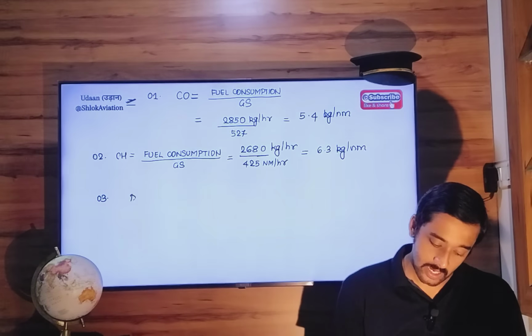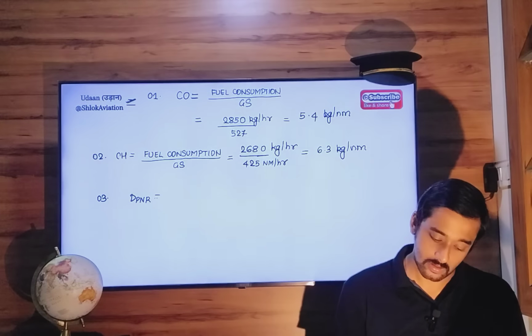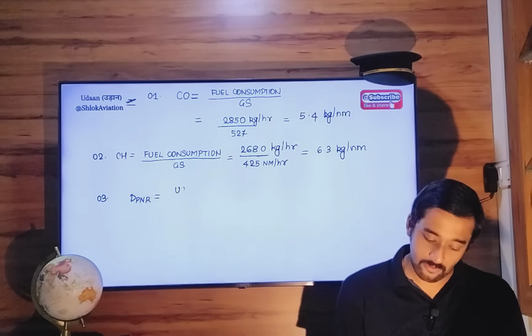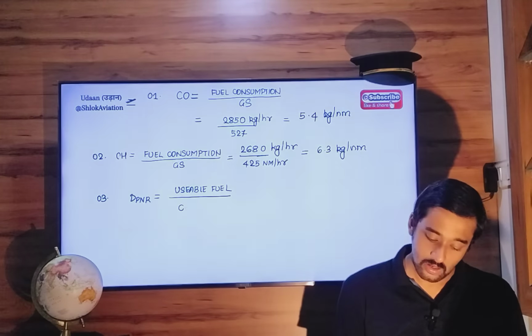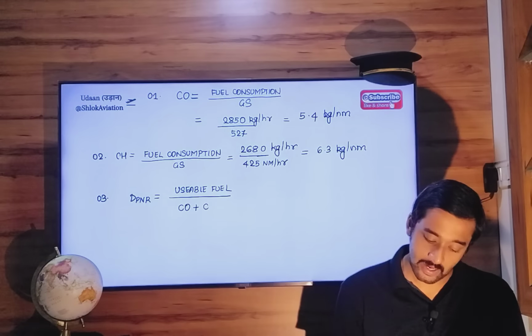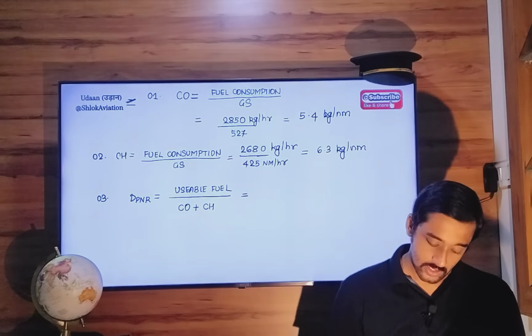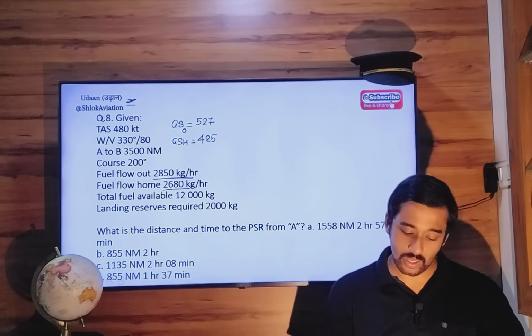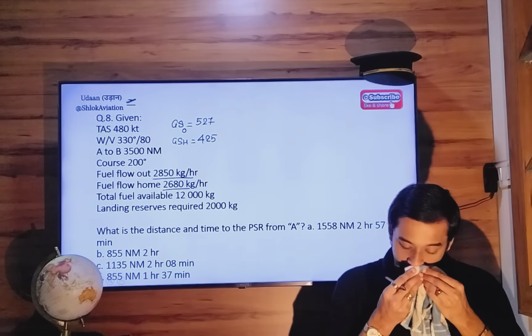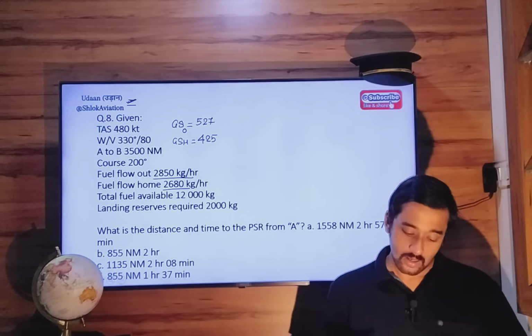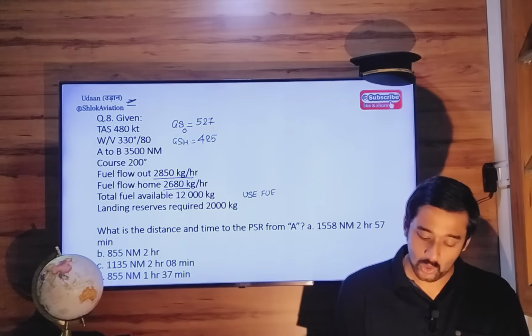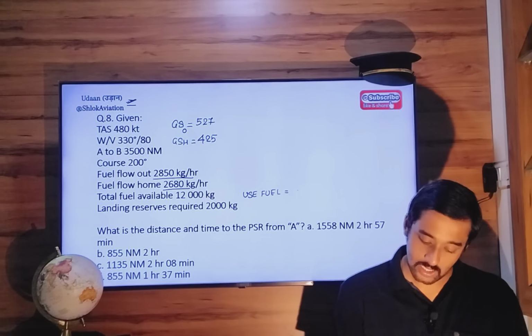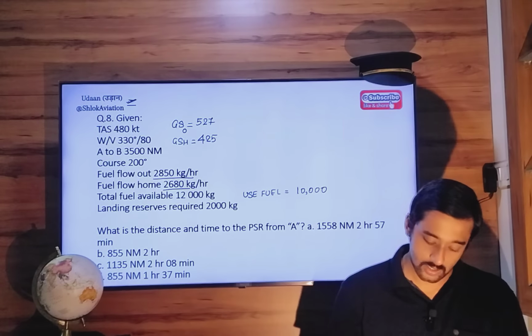Now distance to PNR will be equal to usable fuel divided by consumption outbound plus consumption homebound. So usable fuel, total fuel is 12,000. Reserves are 2,000. So usable fuel will be total minus reserve, that is 10,000 kg.